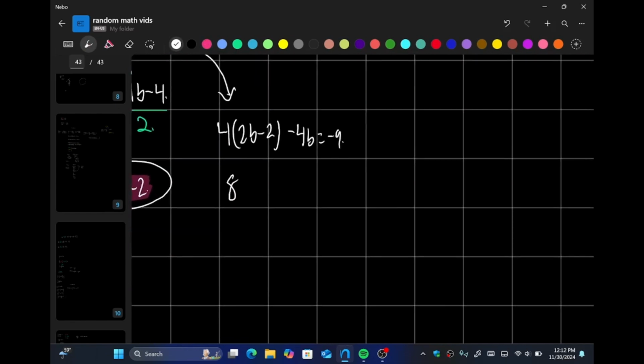And then we get 8b minus 8, and then minus 4b. I keep messing up here, sorry guys, hold on.